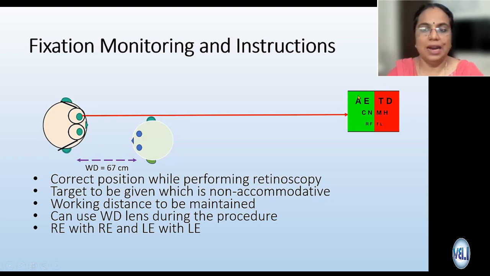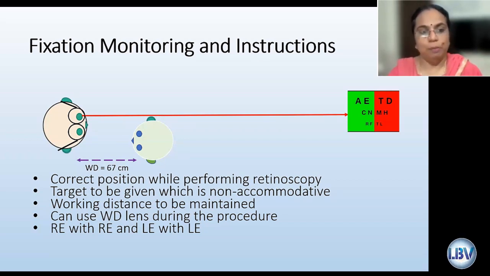So I normally ask them to look at the duochrome chart, and I ask them to look at the green target, which is over there. Now this is one way of controlling the accommodation. The other way that you have to remember is, if you are working at 67 centimeters, you've put a working distance lens of plus 1.5 diopters. Now that plus 1.5 diopters itself could act as a fogging lens and control the accommodation.